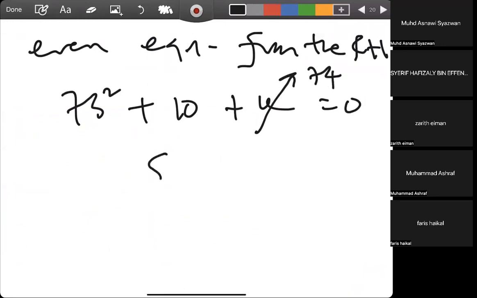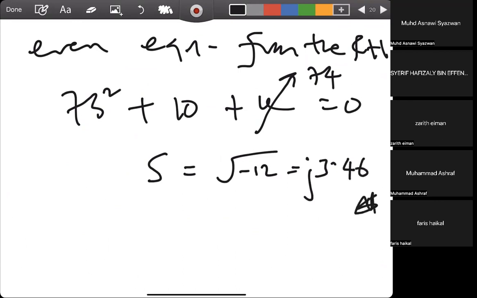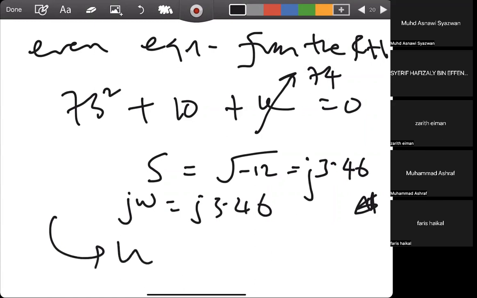Then simplify, and you will get S equal to the square root of minus 12, which is j3.46. That is the intersection, j omega, j3.46. So the omega is 3.46 radian per second.